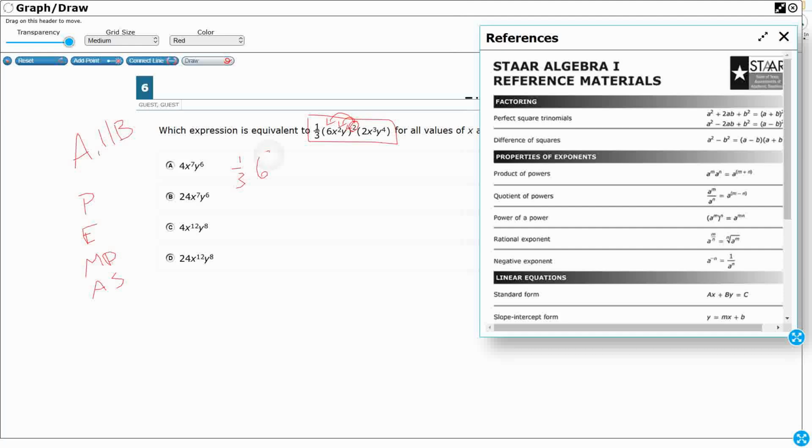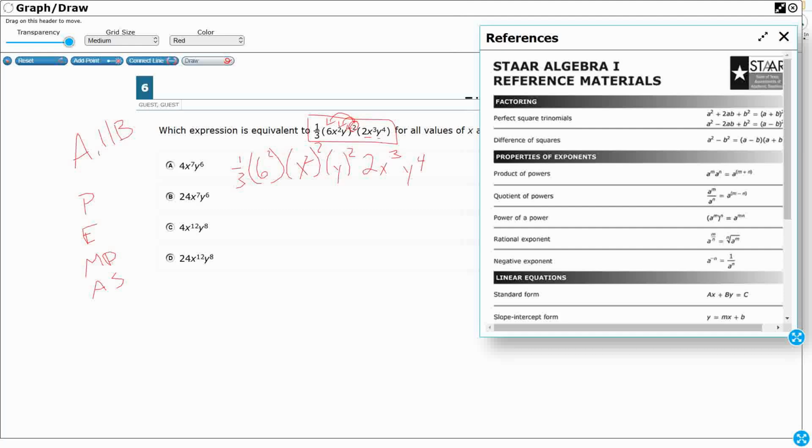So 6 squared, and this is x squared squared, and then this is y squared. There's nothing being multiplied by any of the terms inside that last one, so I could just keep those separate: 2x cubed and then y to the fourth. I can just take those parentheses off.